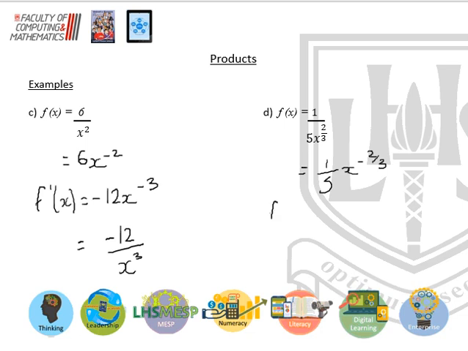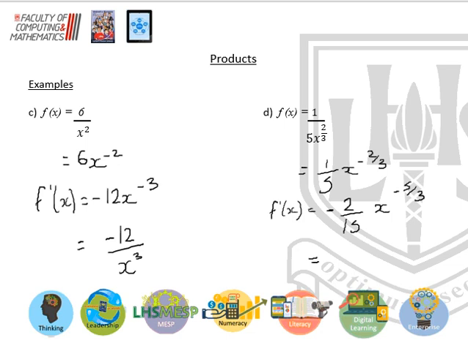Okay, which means f dash x is going to be minus 2/3 times 1/5. Okay, so remember multiplying fractions, multiply the tops, multiply the bottoms. It's going to be negative overall. 1 times 2 is 2, 5 times 3 is 15. And then x, decrease it by 1, goes down to minus 5 over 3.